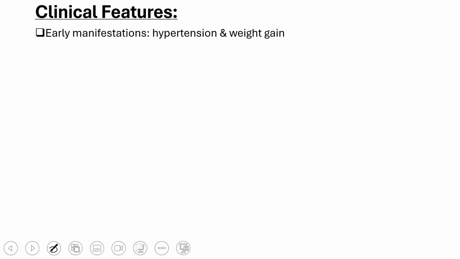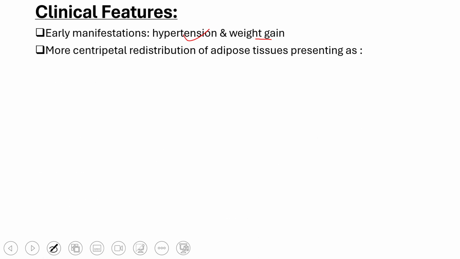First, early manifestations could be hypertension and weight gain. We know that there is a permissive action of cortisol and the catecholamines, and that results in increased beta adrenergic actions, and that results in hypertension, and weight gain is due to lipogenesis.